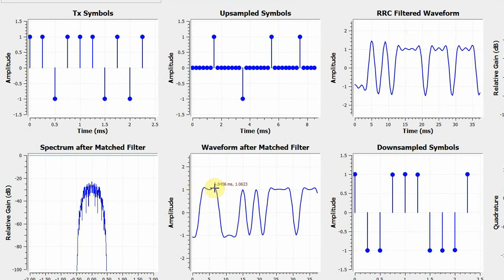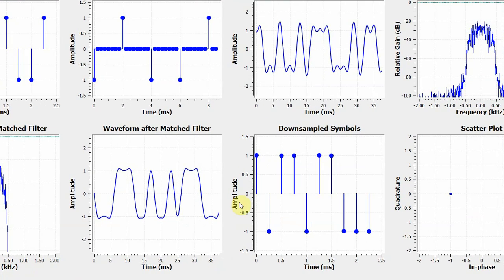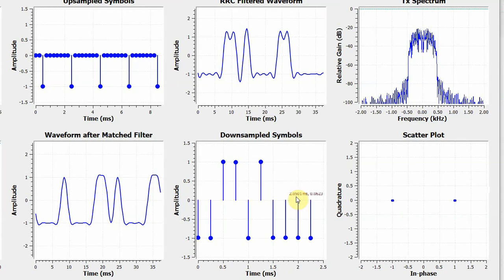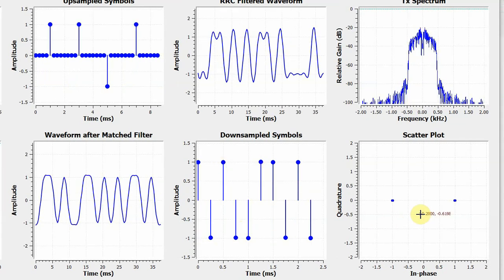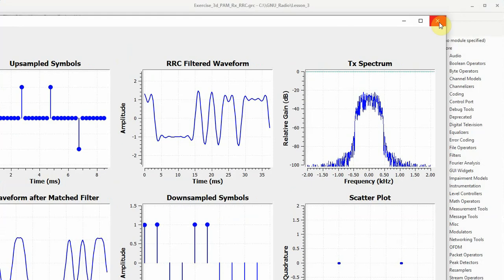And here we can see that on each symbol instant we can take a decision by decimating. This is exactly what we are doing, and we are taking samples after every 8 samples, and these are the ones which match the actual transmitted symbols. A scatter plot is the mapping of these samples to an IQ graph, and this +1 goes here, this -1 goes here. We'll discuss the scatter plot again in a separate flow graph.